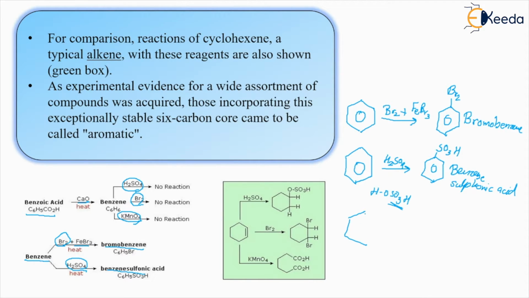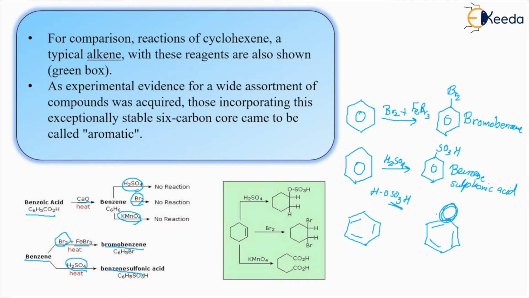The double bonds inside the benzene for both reactants and products were as they were. They only added something over here at the top. That means the double bonds were not breaking apart.